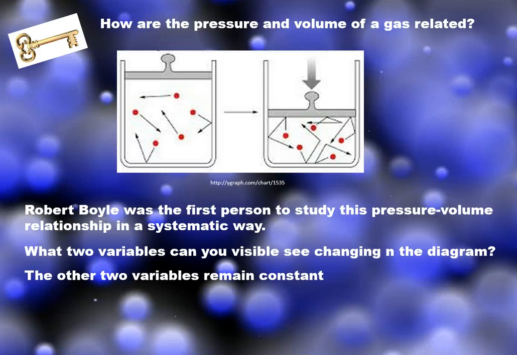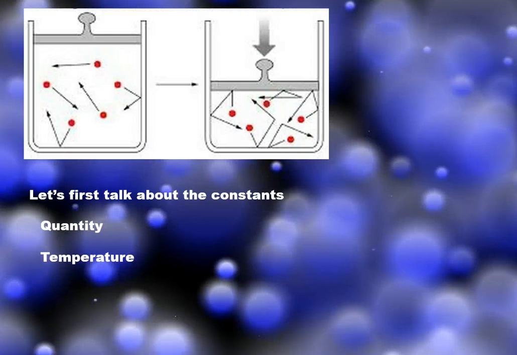So remember, we have 4 variables, and we're going to talk about 2 at a time, which means the other 2 are going to be constant. So let's talk about the constants first. First, you have the quantity. Between the 2 cylinders, we have the same number of particles in each one, so the quantity is the same. The other one is the temperature.